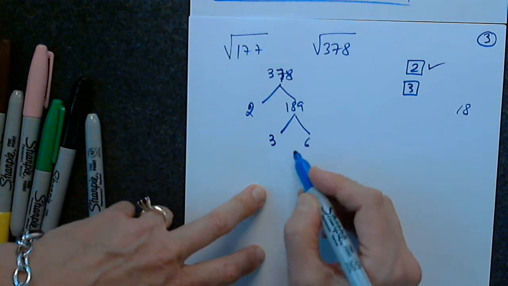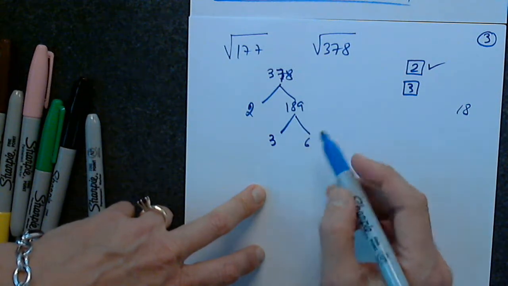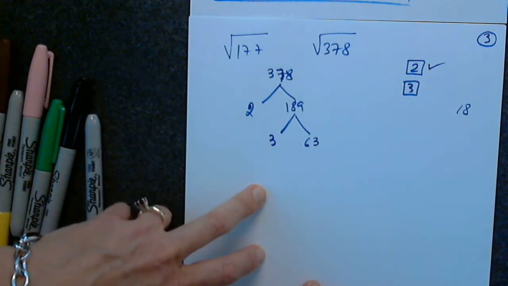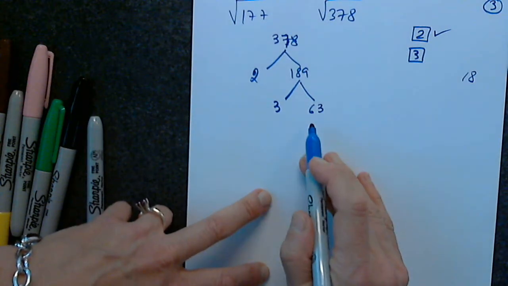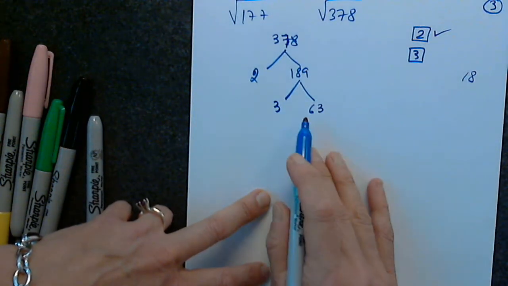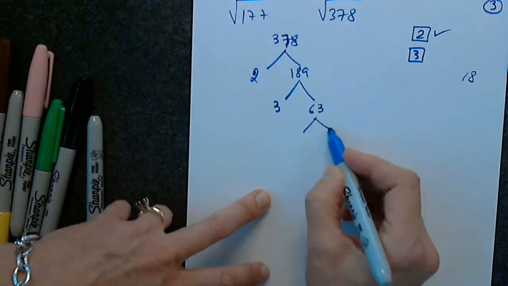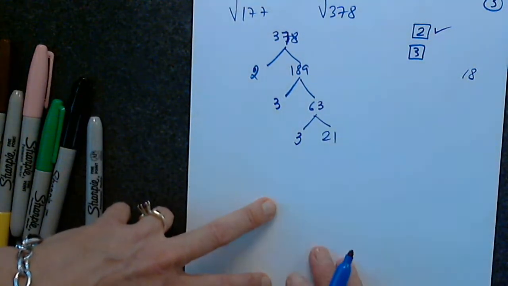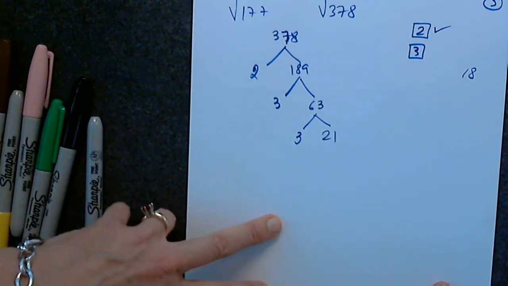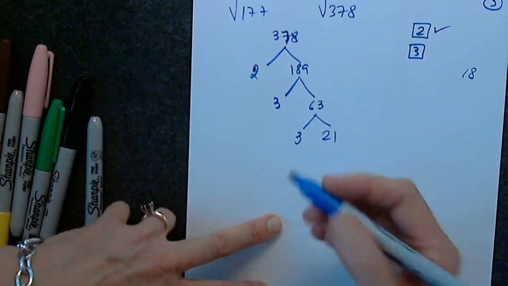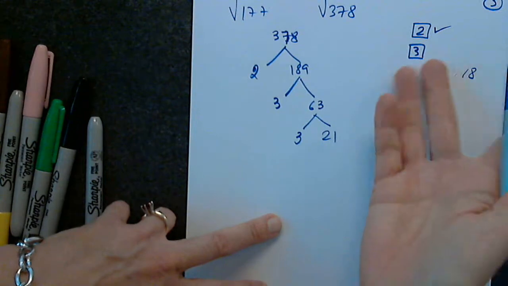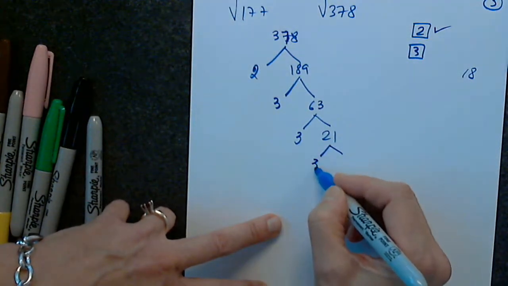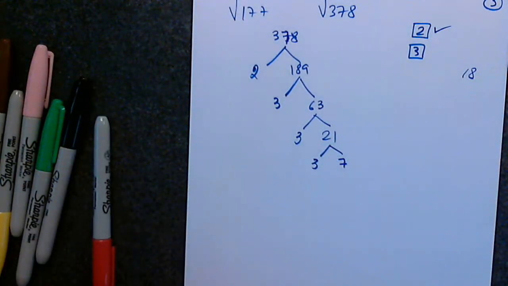18 divided by 3 is 6, and 9 divided by 3 is 3. Obviously, I'm not done with 3 because 6 plus 3 is 9, so I will continue with 3. 63 divided by 3 is 21. I'm not done with 3 because 21 is still divisible by 3.